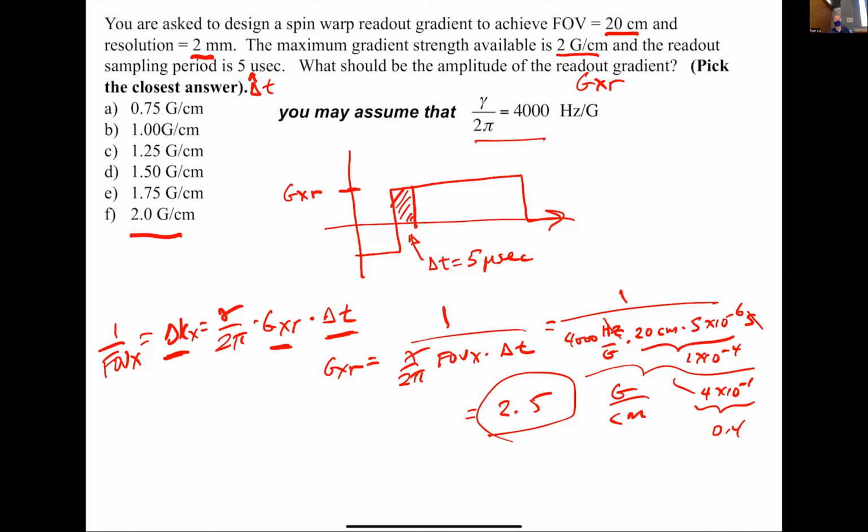One is that these design problems are fairly straightforward, but also that there might be design constraints which require you to change things. Typically, on a scanner, you might enter something and it'll come back and say no, you can't do that, and it'll have some recommendations on what to do.